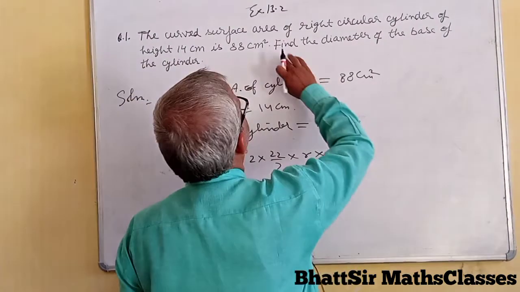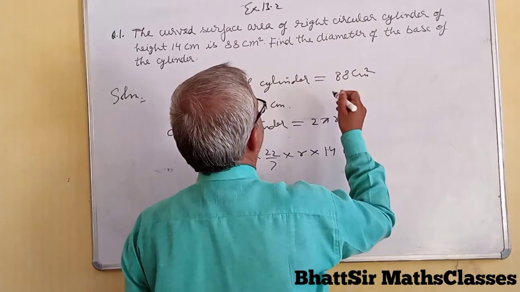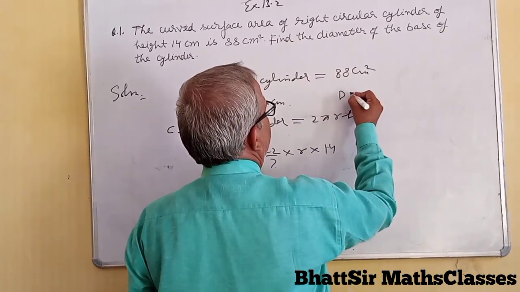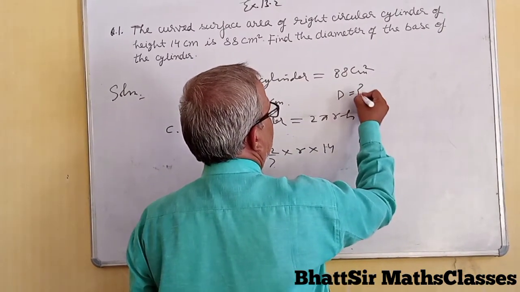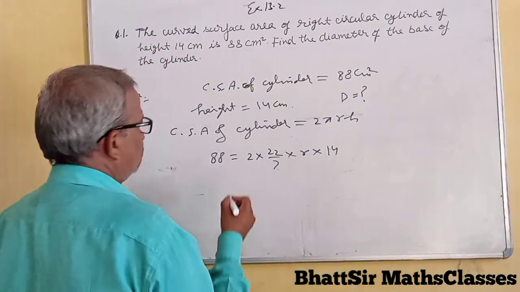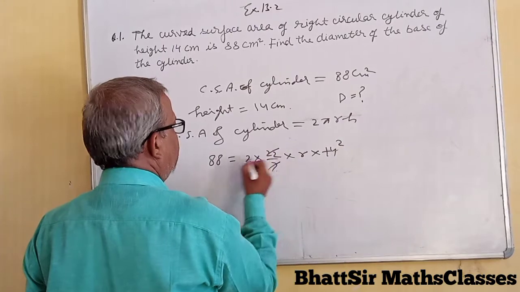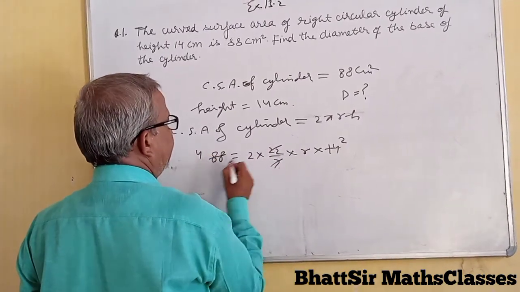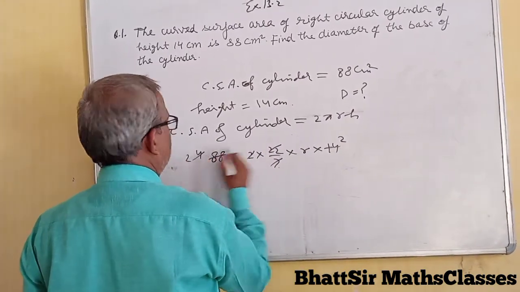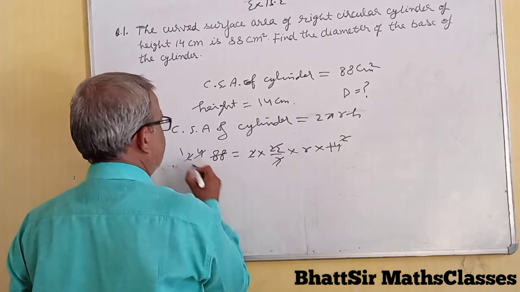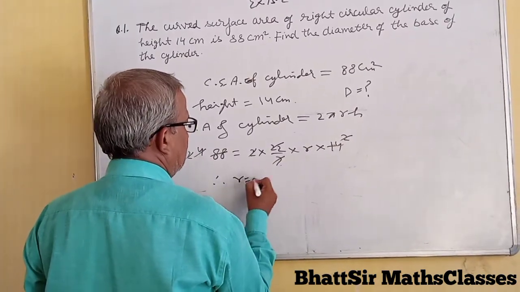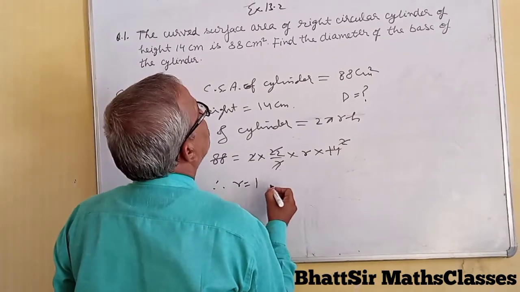So in this question we have to find the diameter of the base, D equals question mark. So therefore 7 twos are 14, 22 fours are 88, 2 fours are 8, 2 cancel. Therefore r equals 1 centimeter.